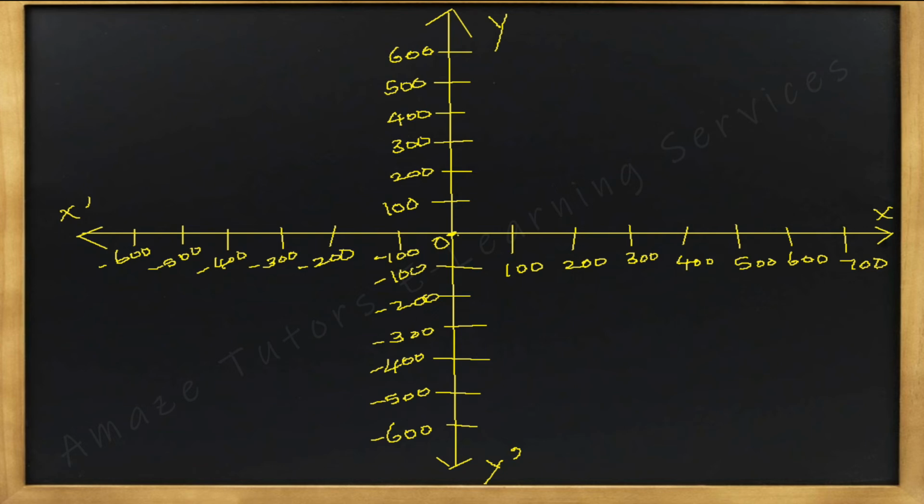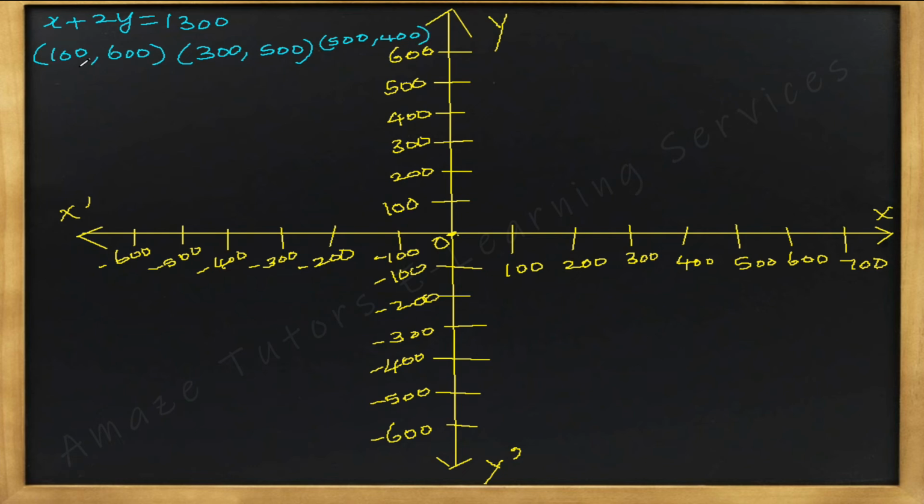Now, let me write the first equation under the respective coordinates. The first equation was x plus 2y is equal to 1300. And the coordinates were 100, 600; 300, 500; 500, 400.